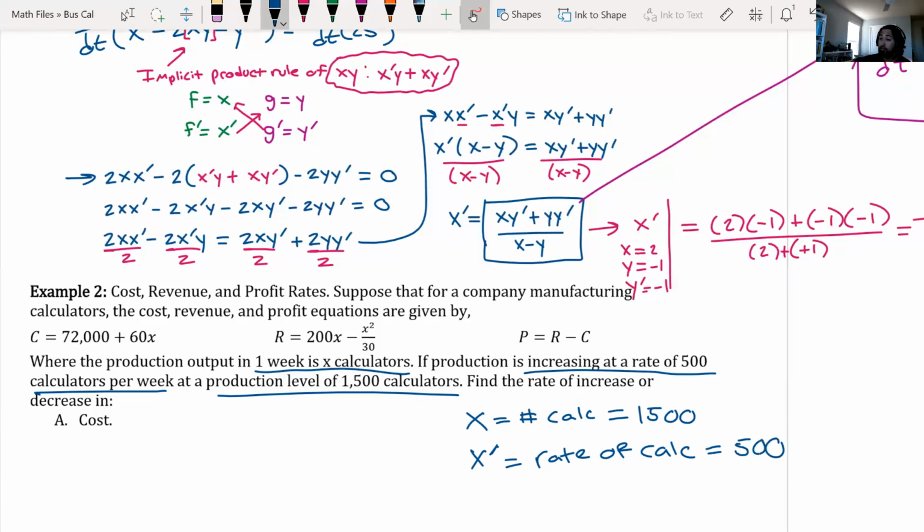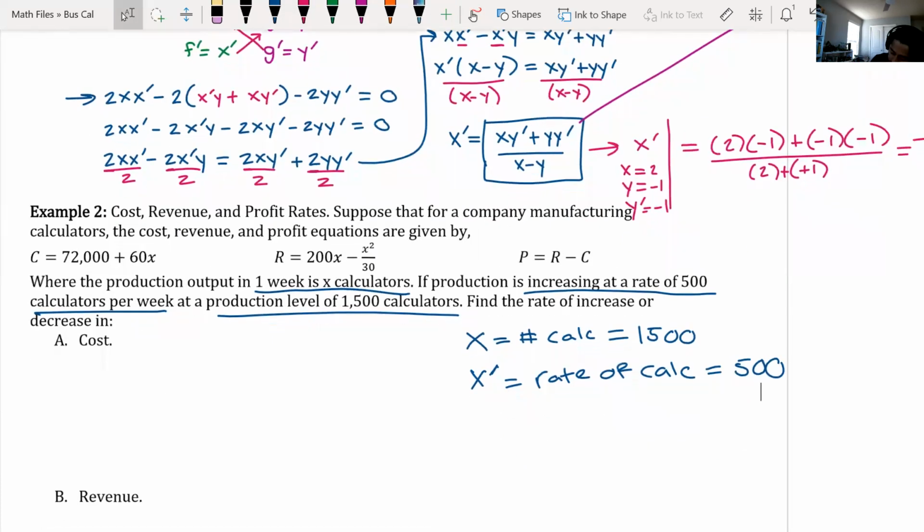So we have to know how to pull the information from this problem. x is the number of calculators. x prime is the rate that we produce calculators at. And we are producing 1,500 calculators at a rate of 500 calculators per week. Okay, which means now we have our labels, which means we can now move on to finding the derivatives of the cost, revenue, and profit function.